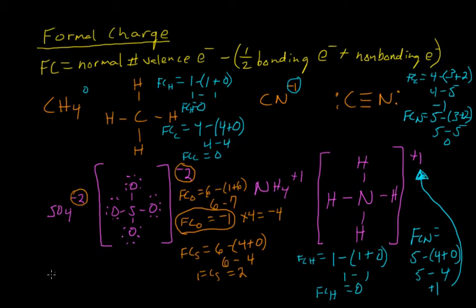So if you ever have a situation where, let's just make up something, you've got an oxygen that's double bonded to something else, and on this side of the problem you may have an oxygen that's single bonded to something else. Even though these are both oxygen, they're not going to have the same formal charge because I've got a double bond here and a single bond here. In order to say that the formal charge is exactly the same, you have to make sure that everything is the same.